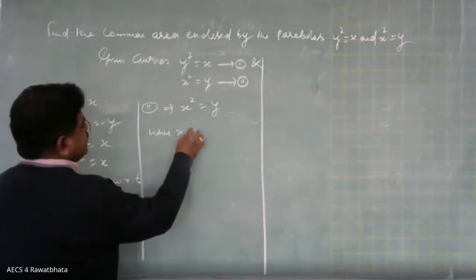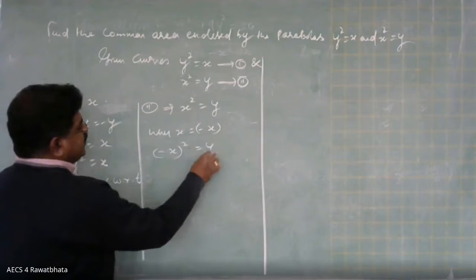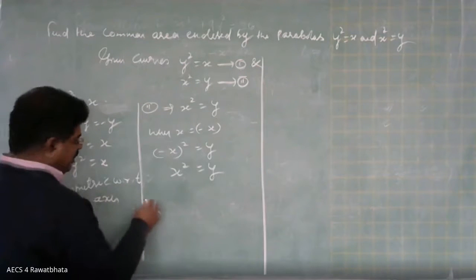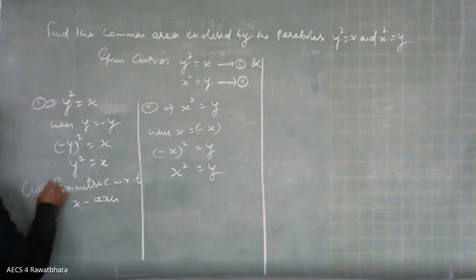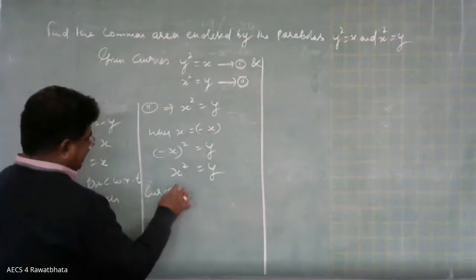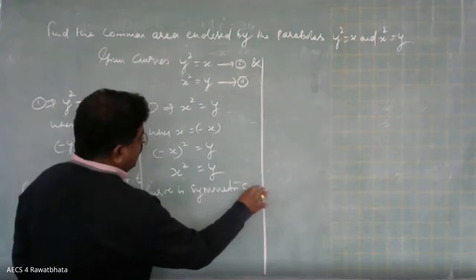When x is replaced by minus x, minus x the whole squared is y, and here x squared is y. There is no change. So the curve is symmetric with respect to the y-axis.